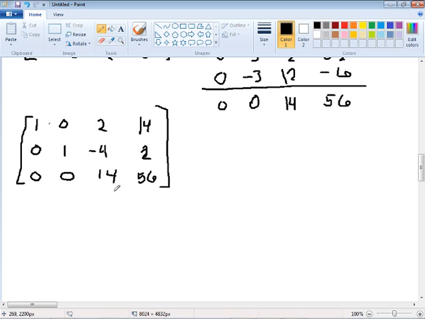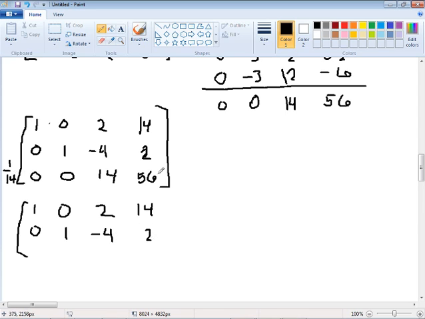Now the first thing I notice is that 14 and 56 are both divisible by 14. So what I'm going to do is multiply that row by 1 over 14. Let me redo my matrix here. 1, 0, 2, 14. 0, 1, negative 4, and then 2.